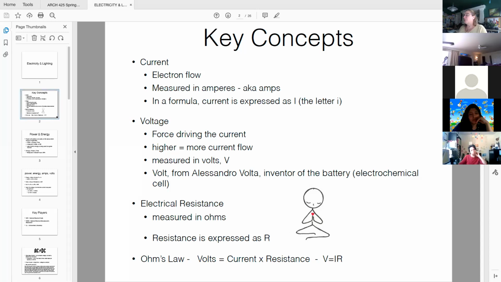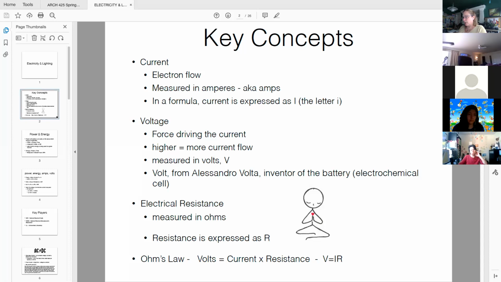So there are several terms about electricity that are essential for understanding. The current, which is measured in amps, is the flow of the water. So that's the volume that is moving through the wire.